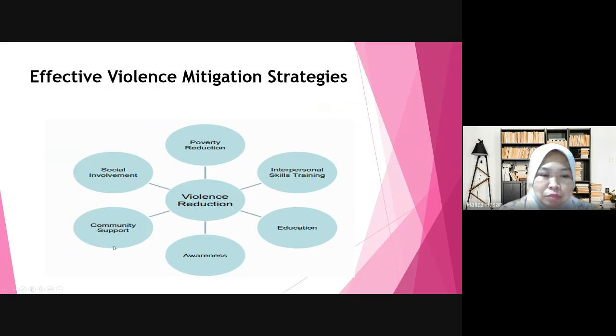Good community support and social involvement will reduce violence cases. However, it's not easy to implement all these strategies, so they will be implemented with a multidisciplinary approach and support from society and the community itself.